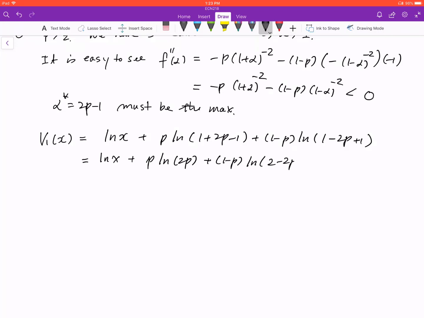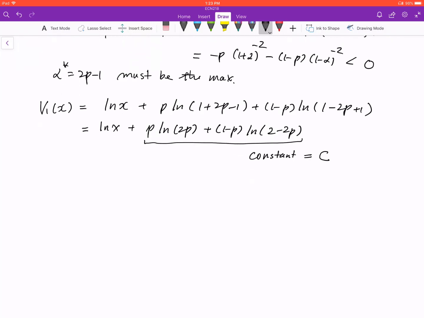Okay. Now, the constant over here depends only on p, no x inside. So this one is the constant, depends only on p. And we're going to call this constant c over here.